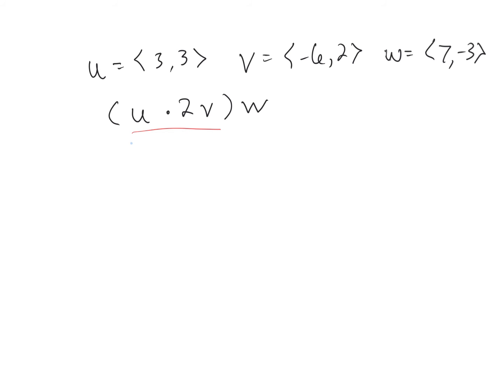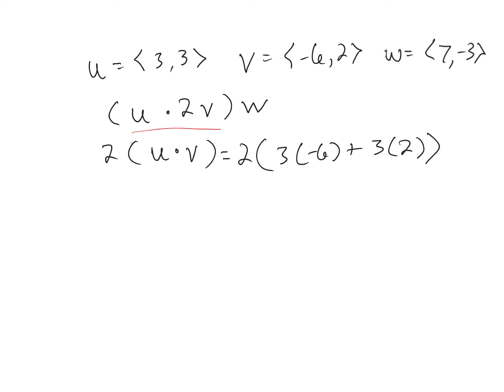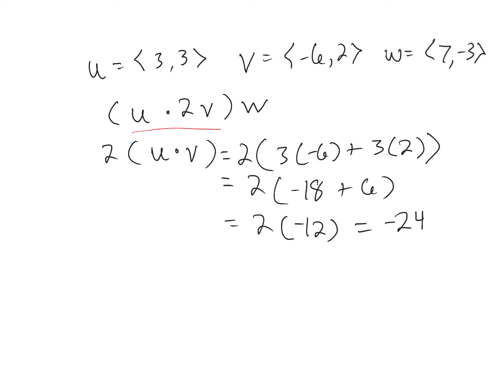This is equivalent to 2 times the dot product of u and v, which we can find easily: 2 times (3 times -6 plus 3 times 2). Simplify that more: 2 times (-18 plus 6), which is 2 times -12, gives us -24. So this first whole part is -24.